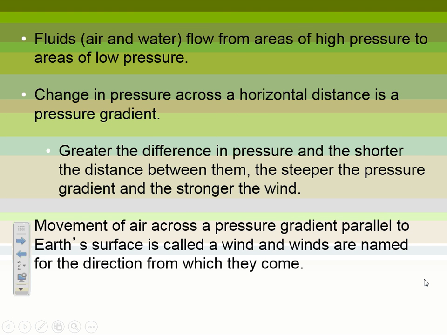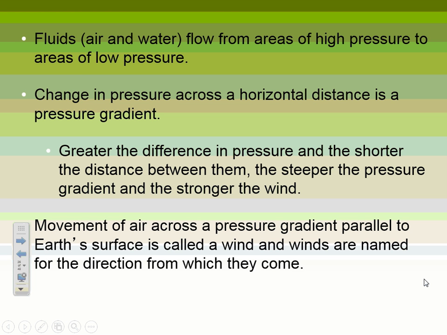The way air and water move and flow, they move from high pressure areas to low pressure areas. This change in pressure across a horizontal distance is referred to as a pressure gradient. The greater the difference in pressure, the shorter the distance there is between them.